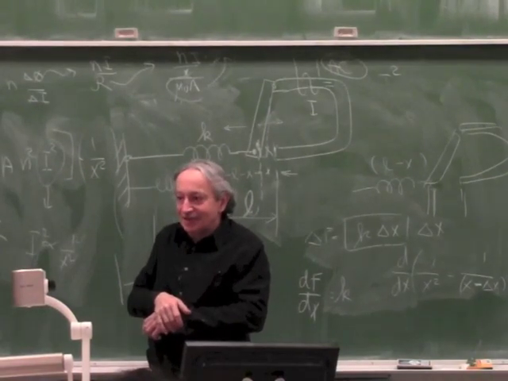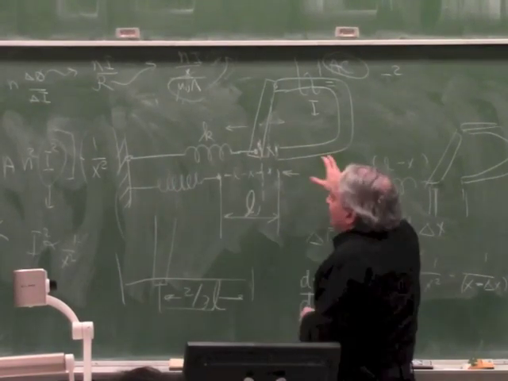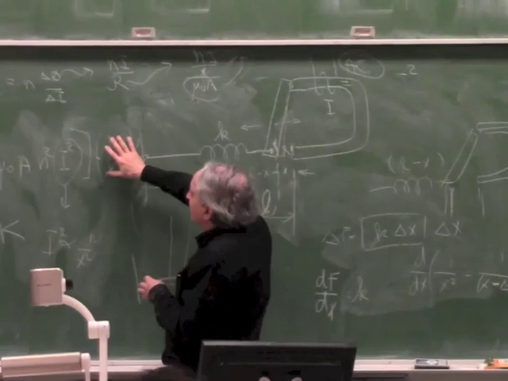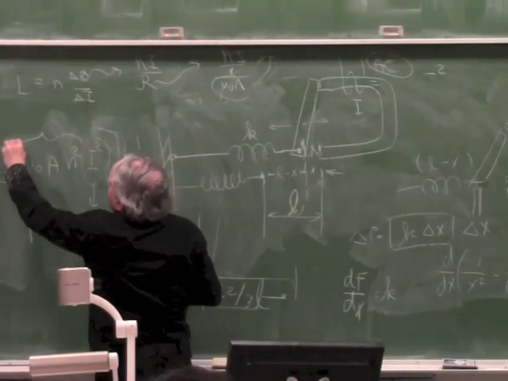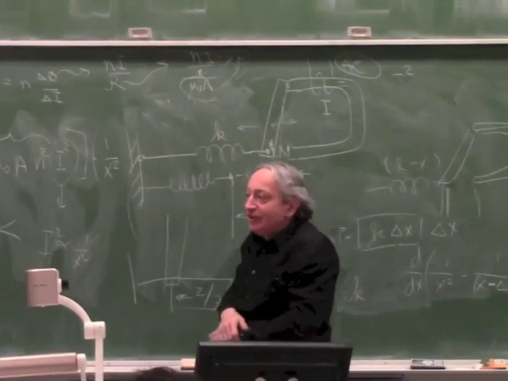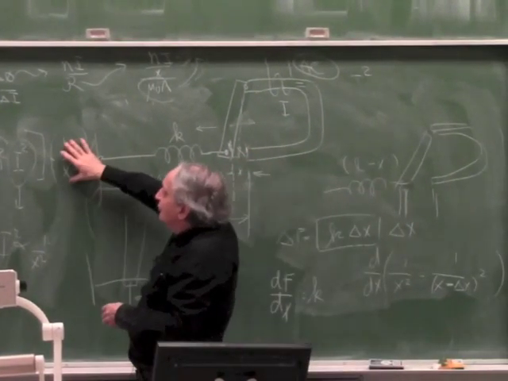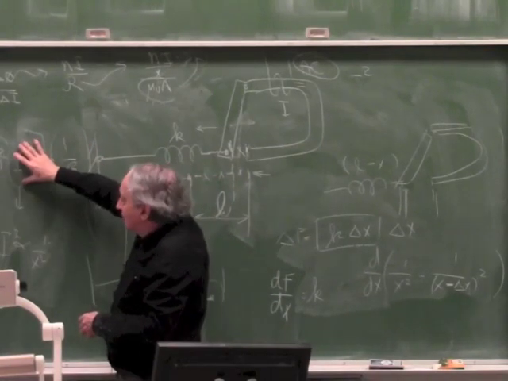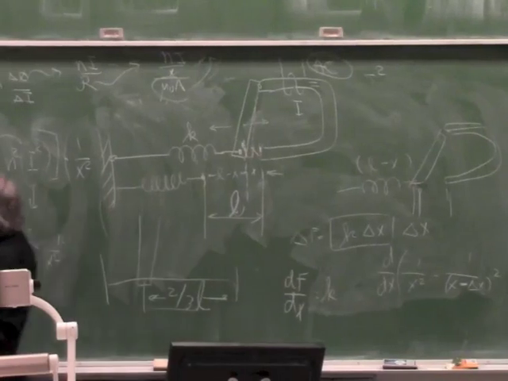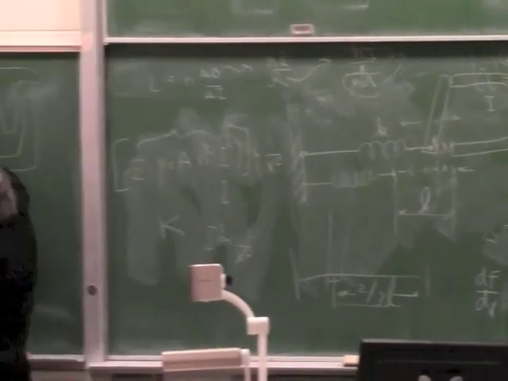Okay? Is that clear? Because the force you get is a product of 1 over x squared by I squared. Because everything else in K cannot change. Now, if I halve the gap, the force wants to become 4 times bigger. But the I is becoming 4 times smaller because I is V over L, and L is proportional to 1 over x.